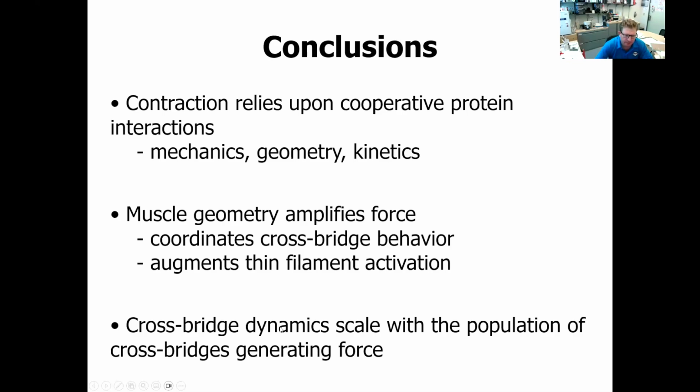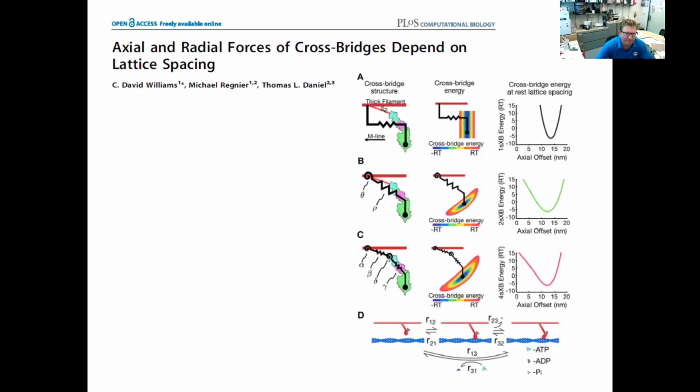Those cross-bridge dynamics seem to scale with the population of cross-bridges that are generating force. All of what I showed you today assumed that there were only interactions in one direction. Even though I showed interactions vertically between the filaments, I really only calculate the forces in one dimension.